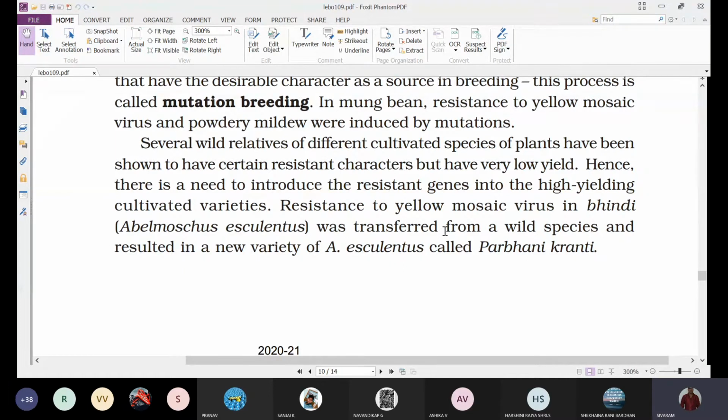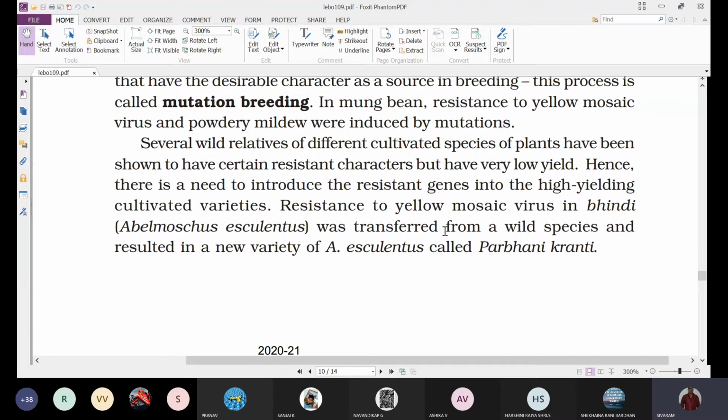How are they developed? One example given: resistance to yellow mosaic virus in bhindi, transferred from a wild species, resulted in a new variety of Abelmoschus esculentus called Parbhani Kranti. Bhindi, you know. The scientific name of bhindi is Abelmoschus esculentus. It is a high yielding variety, but it is not showing disease resistance against yellow mosaic virus.